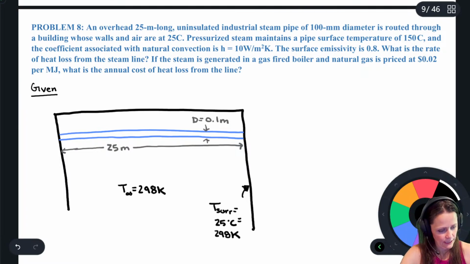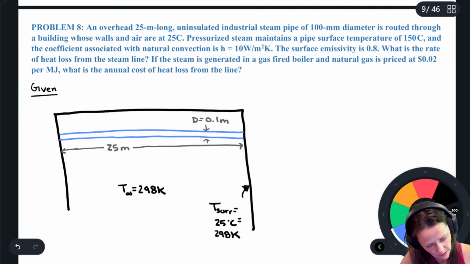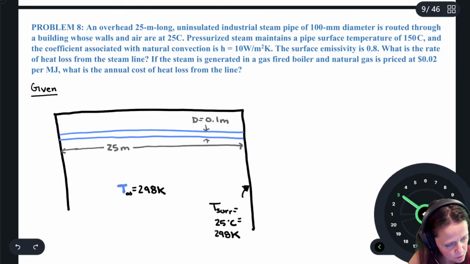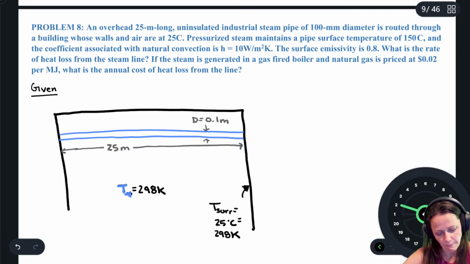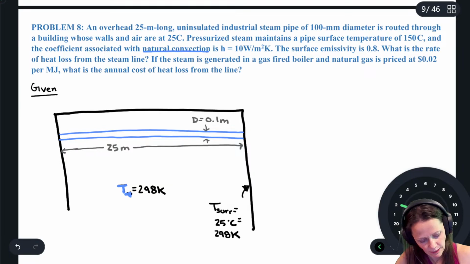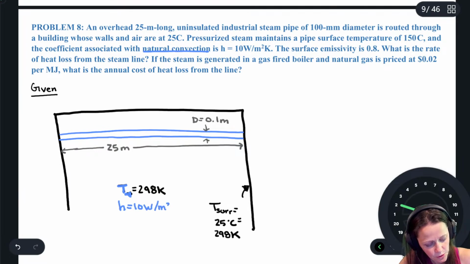All right. And actually that air is also responsible for some convection here. So they say natural convection. So natural convection, h is equal to 10 watts per meter squared Kelvin.